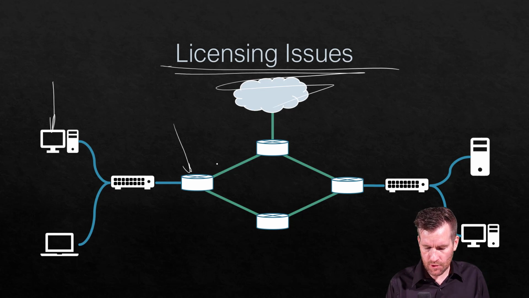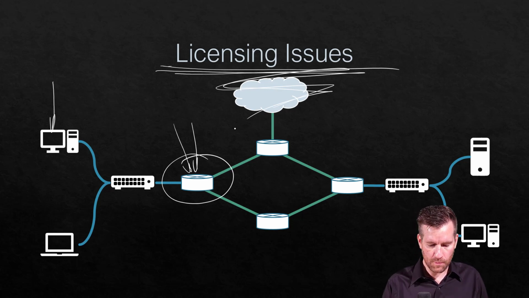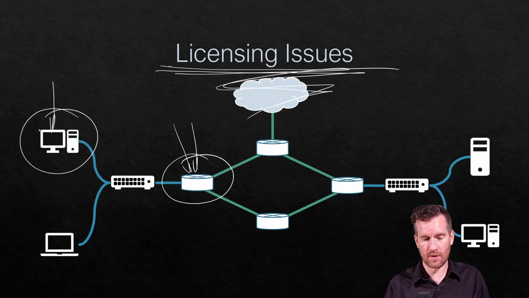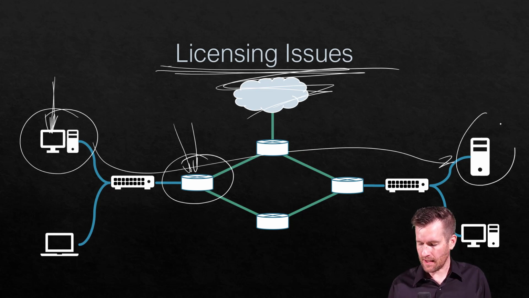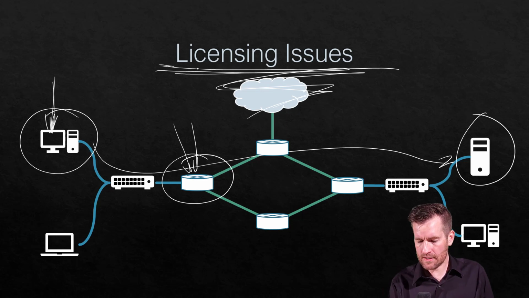Perhaps you're trying to set up a service on a machine that doesn't have the proper licensing for it. Or perhaps this machine was utilizing a service and the license expired and it's no longer operating. So you can run into licensing issues when you're working with these networks.